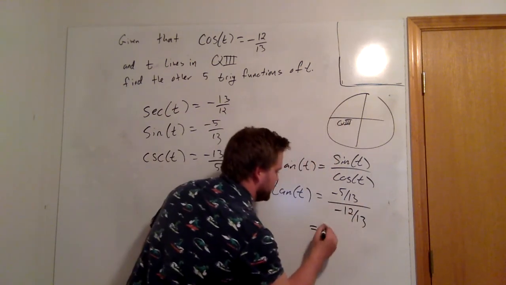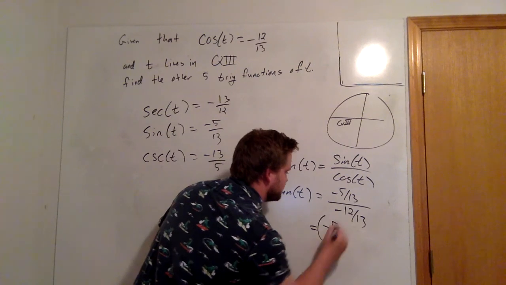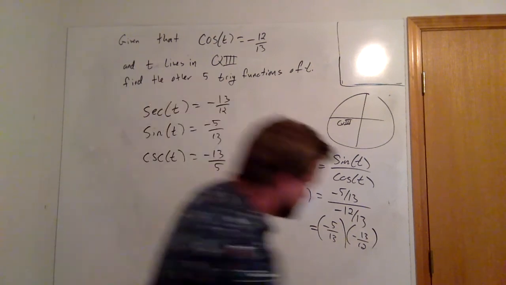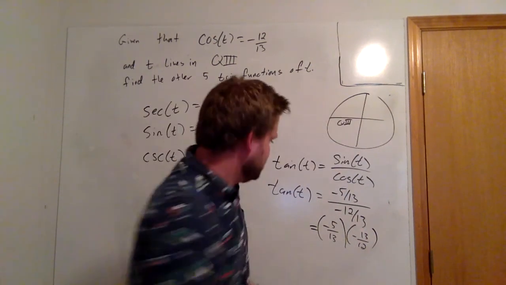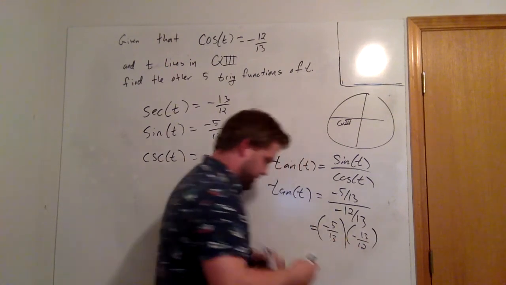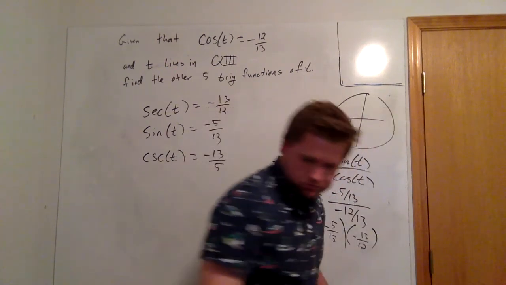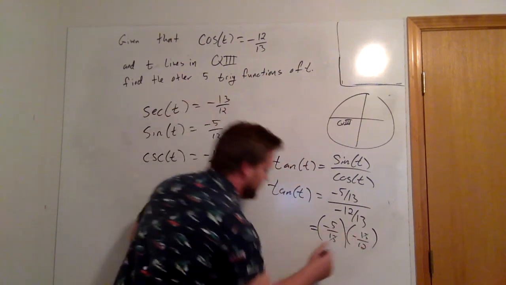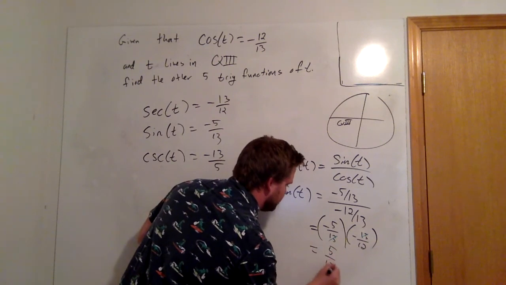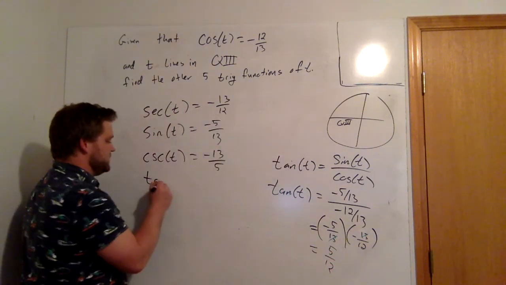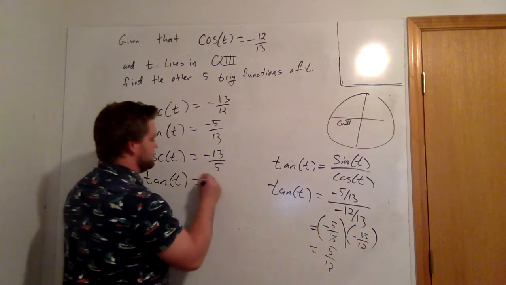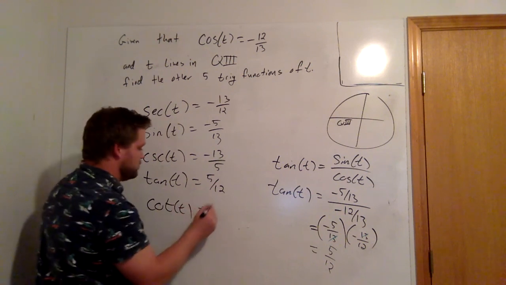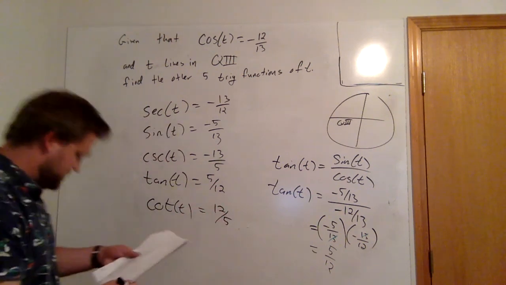So this is negative 5/13 times negative 13/12. The 13ths cancel, and two negatives give me 5/12. So tangent of t is 5/12, which means that cotangent of t, the reciprocal, is 12/5. And this is the answer.